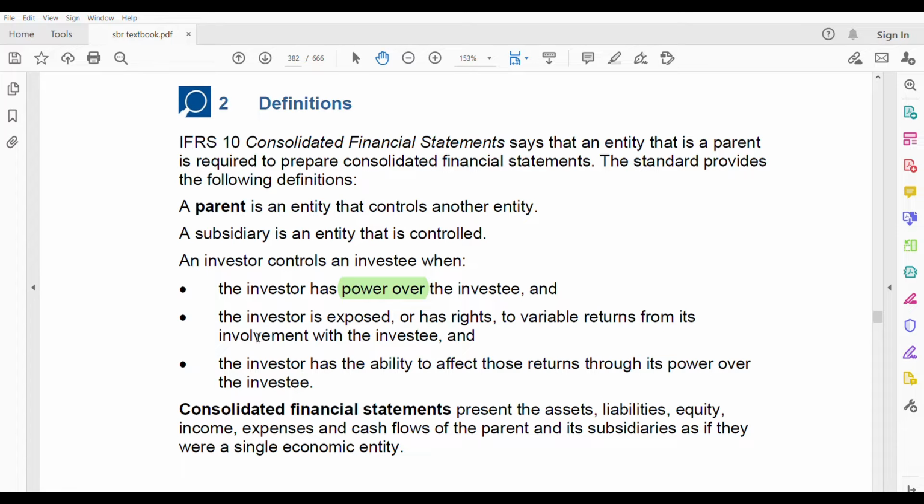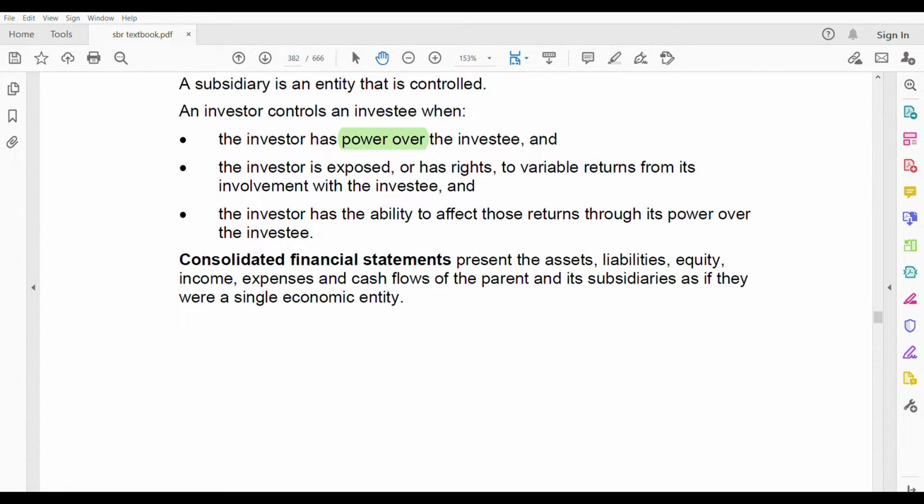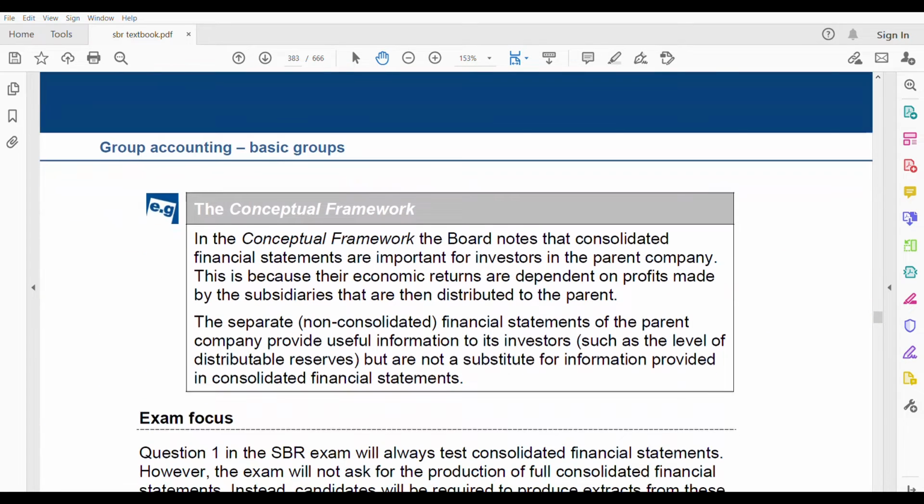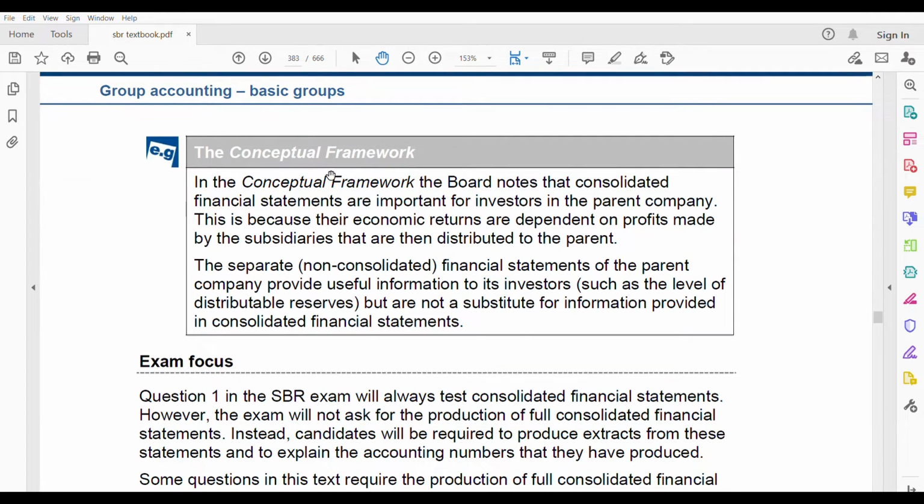Now we are going through consolidated financial statements, our main topic. Assets are there, liabilities are there, equity is there, income and expenses are there, even cash flows are there, of the parent and its subsidiaries as if they were a single economic entity. So the group financial statements are treated as one single entity. What does the Conceptual Framework say?